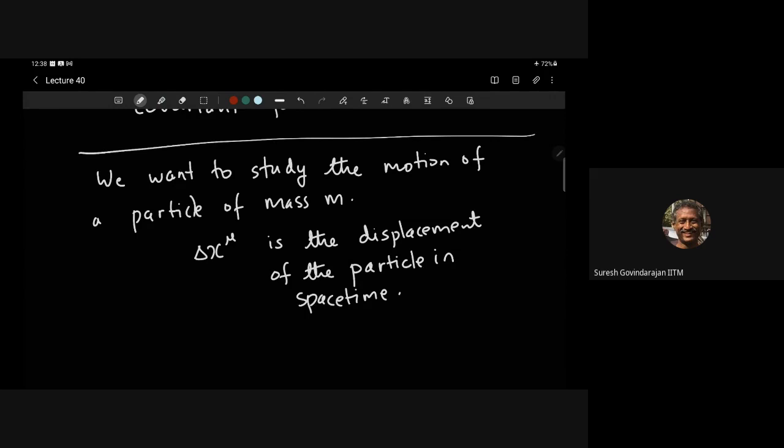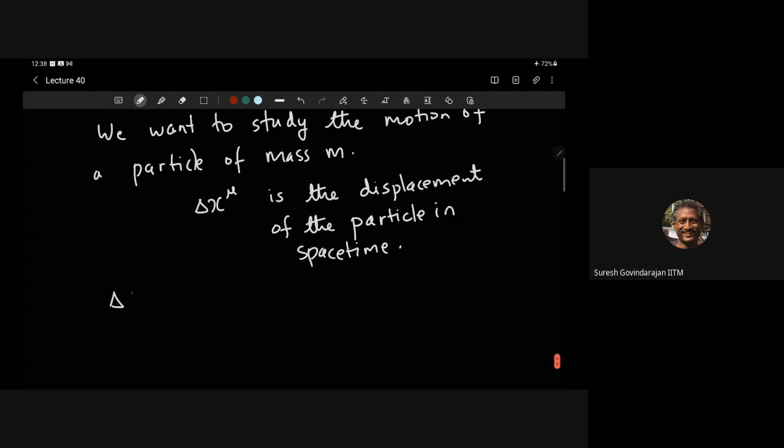From this we can construct a quantity which we will call delta s square, which is just the norm of this, which we'll write as c square delta t square minus delta x dot delta x. Okay, so this is just an infinitesimal change in the position of the particle in space-time.